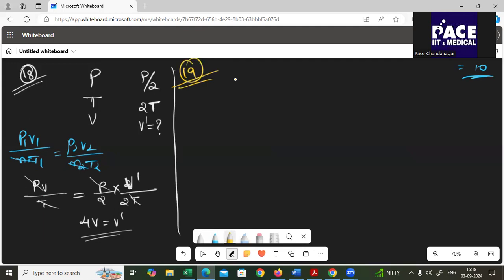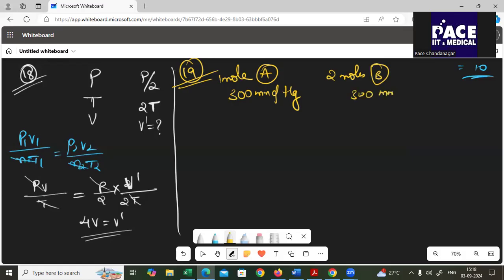Next, question number 19. 1 mole of an ideal gas A with 300 mm of Hg, that is my pressure given to me, is separated by 2 moles of another ideal gas B with 300 mm of Hg in a closed container at the same temperature.